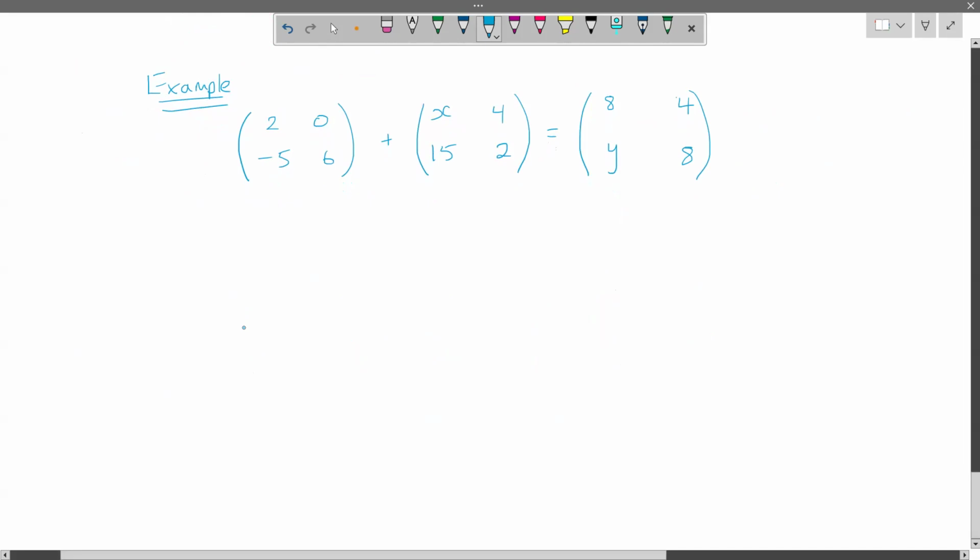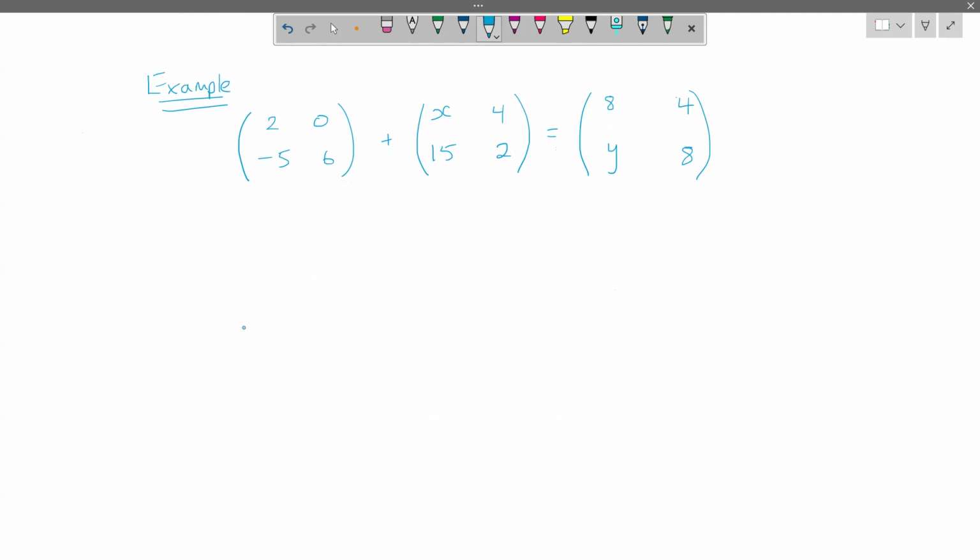Let's make sure everything is making sense. So to work this out, this is what you're going to do. You're going to add this left-hand side together. So I'm going to get 2 plus x, 0 plus 4, -5 plus 15, and 6 plus 2 is equal to 8, y, 4, 8. So nothing changed with this matrix I bring down here.